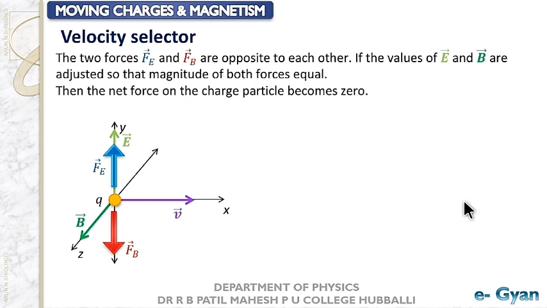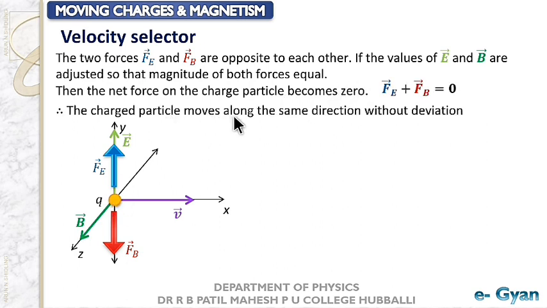Further, my interest is in taking the forces to be exactly equal in value. That is, I want the force because of the electric field to be equal to the force because of the magnetic field. Once both of them are equal, I can make the net force on the charged particle 0. If the force on the charged particle is 0, then the charged particle moves along the same direction without deviation if these two are equal in magnitude.